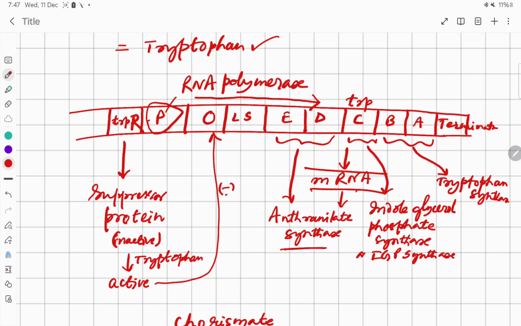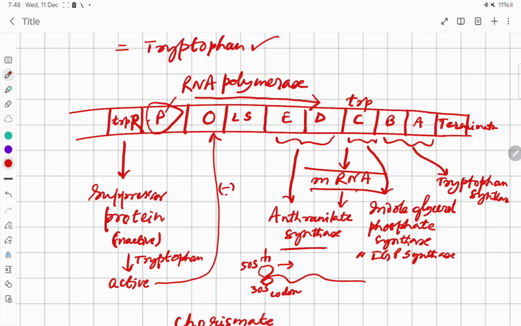and then there will be translation. So on the messenger RNA, the ribosome will move in this way. So in the messenger RNA, 30S subunit and the 50S subunit will provide the tRNA with the anticodon, and messenger RNA has the codon.